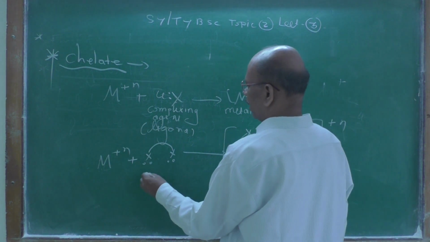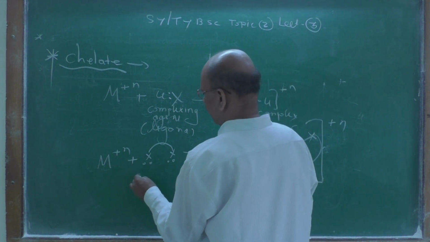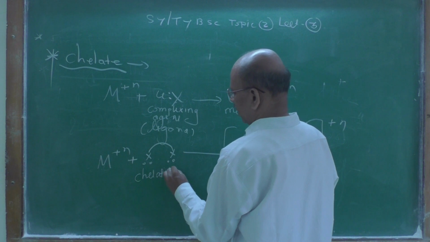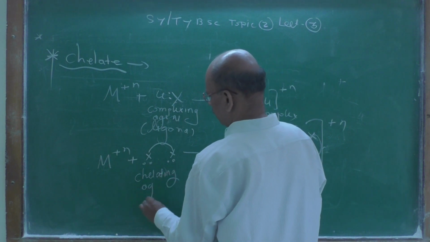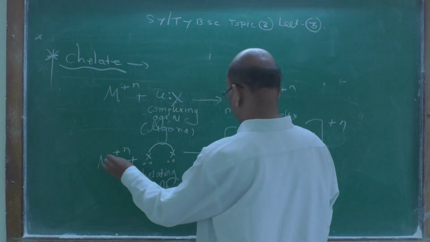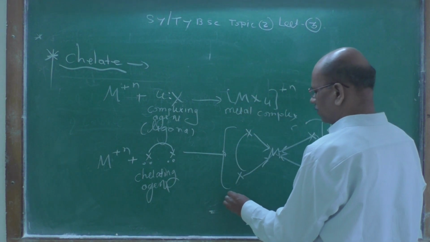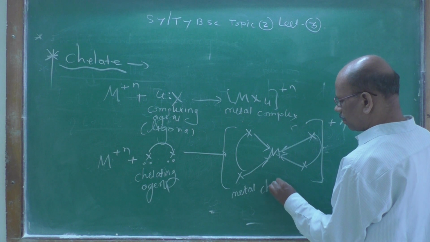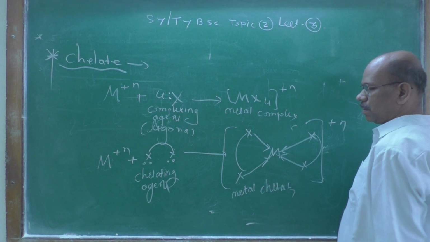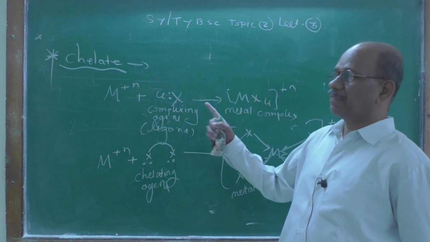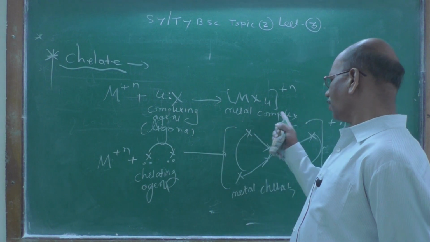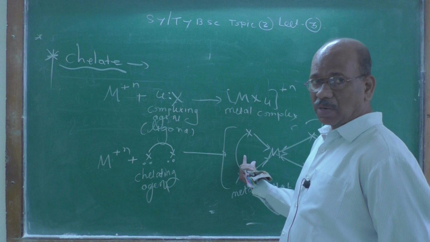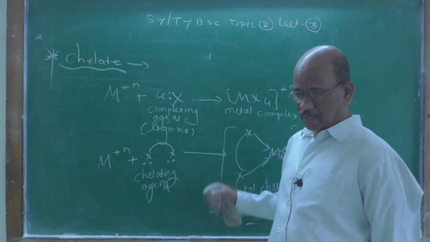So it is called a chelating agent. It is a metal ion and it is a metal chelate. So there is a difference between the metal complex and metal chelate. Here a ring structure is formed, whereas the other is an open structure.